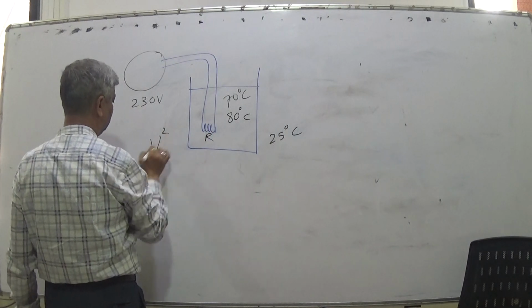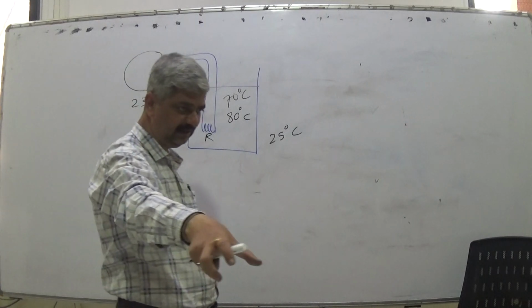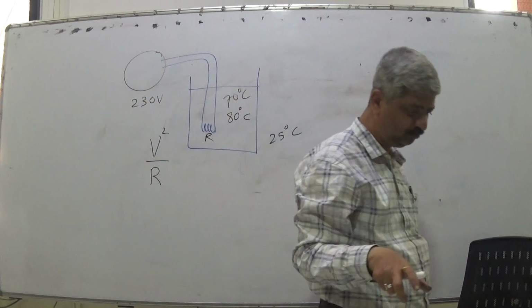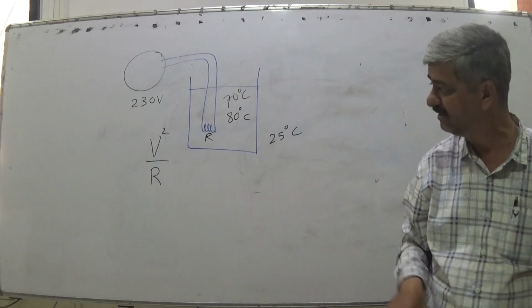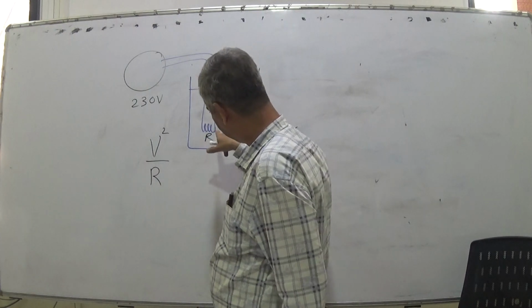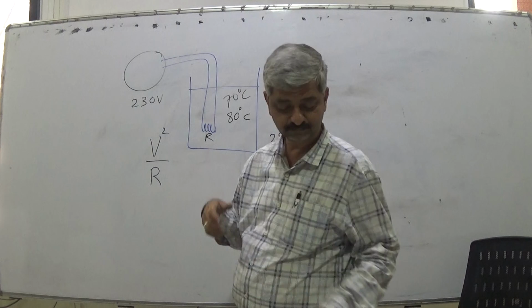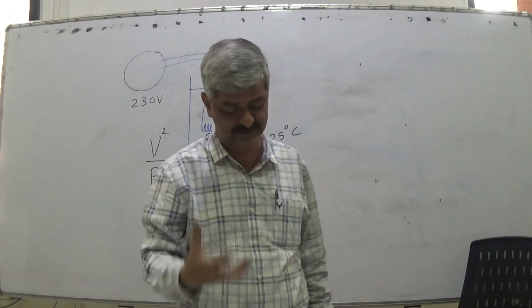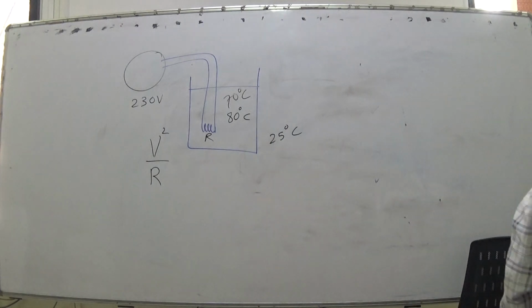So by varying the input voltage applied to the heater using a dimmerstat, you can change the heat energy being supplied to your process. But heating is a slow process.